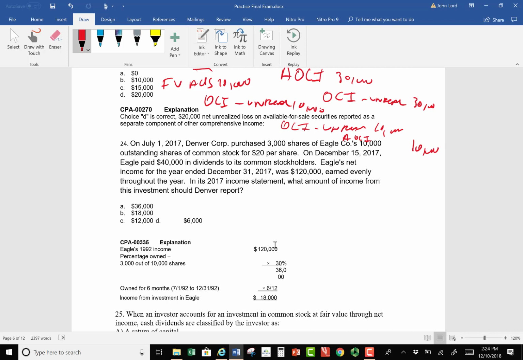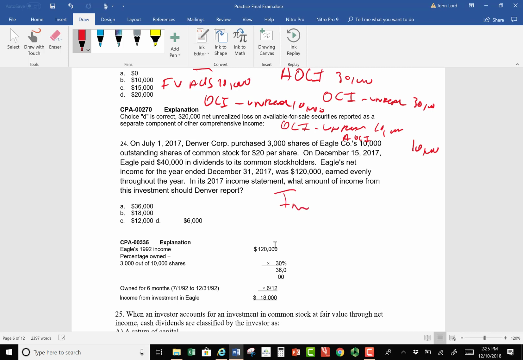That gives me 30%. The only thing you have to be careful about is that the 36,000 net income is for the full year, and they bought the stock July 1st, so we only take half the year's income. So it's 18,000.